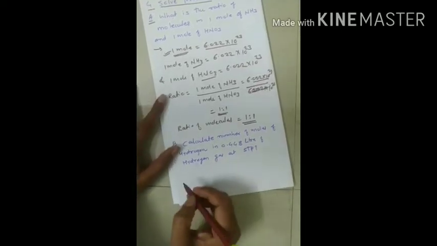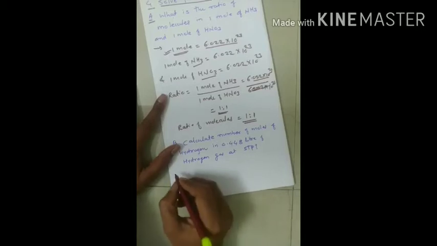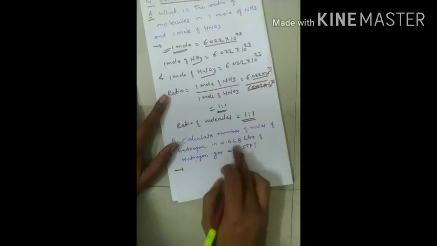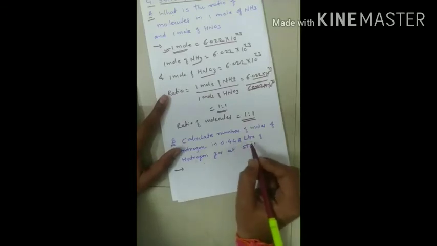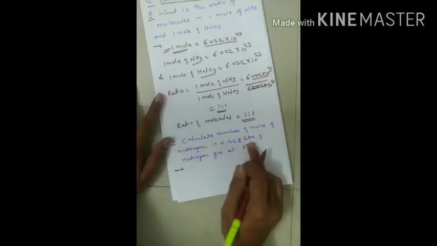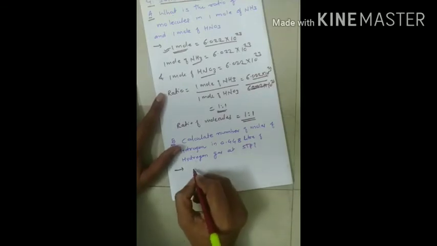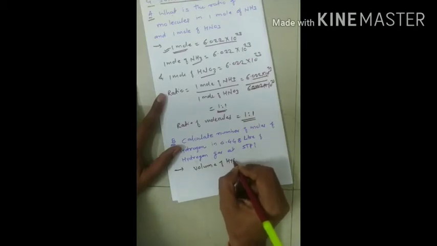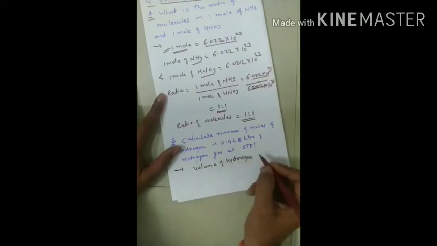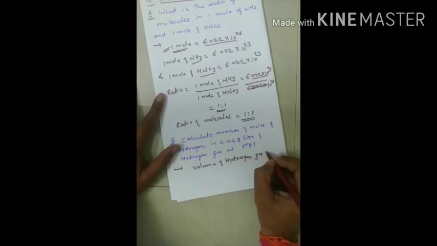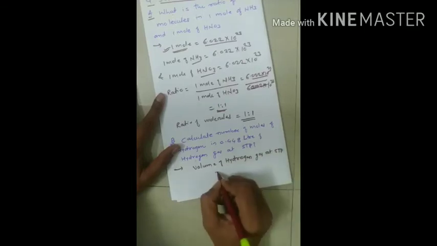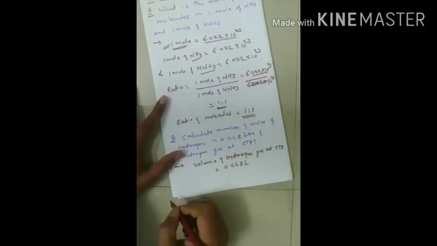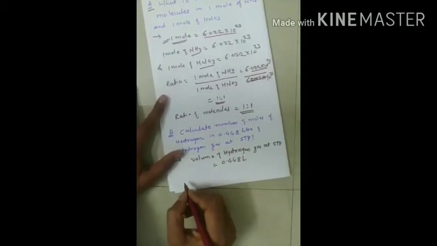As we all know the formula for number of moles, I am going to write the volume of hydrogen gas at STP, which is given as 0.448 liter, isn't it?